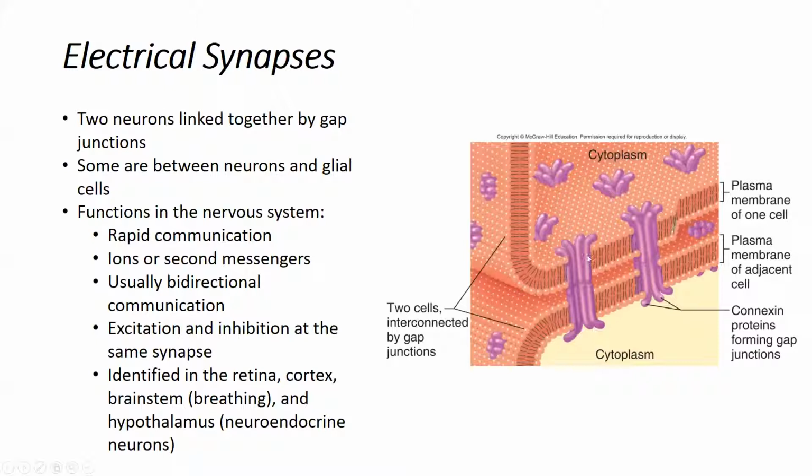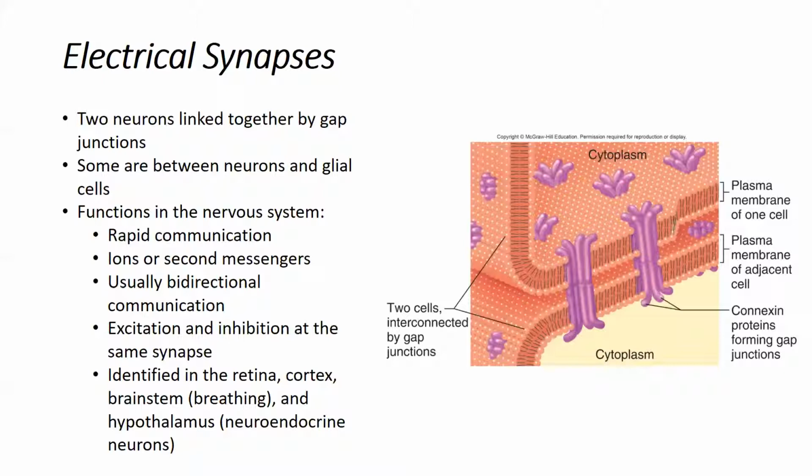Now, the gap junction is formed by these tiny proteins called connexons. So think of this little individual purple rod here as one connexon, and they form a passageway or a channel that runs between these two cells. So it's an area that allows free communication of ions and other second messengers from one cell to the other.